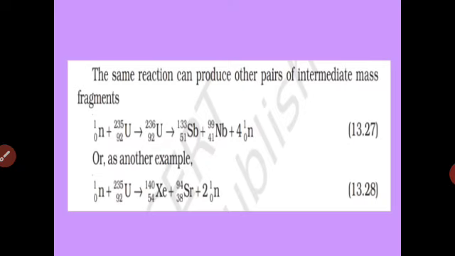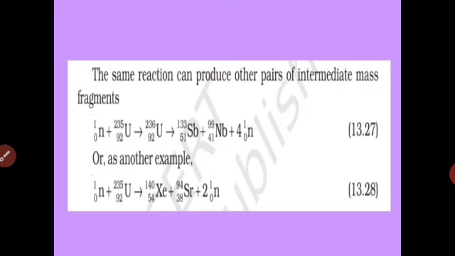The same reaction can produce other pairs of intermediate mass fragments. So it is not necessary that every reaction will give us barium and krypton. Like here you see, the neutron when bombarded on the uranium nuclei gives us Sb and Nb with 4 neutrons.